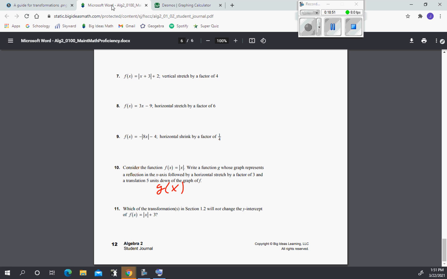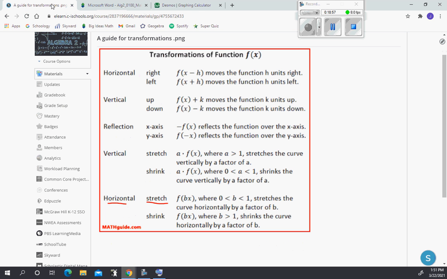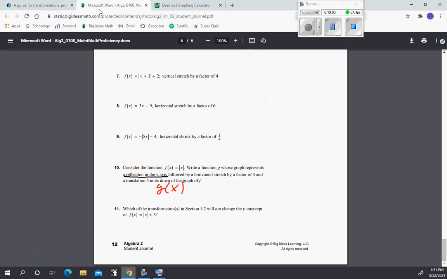We want a reflection in the x-axis. So how does that look? A reflection, x-axis. Oh, it's a negative out front. Boom. Easy enough. So g of x is going to equal negative.